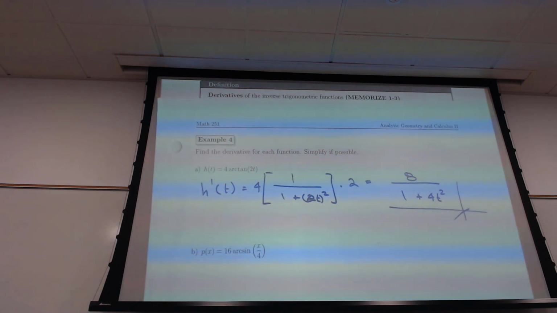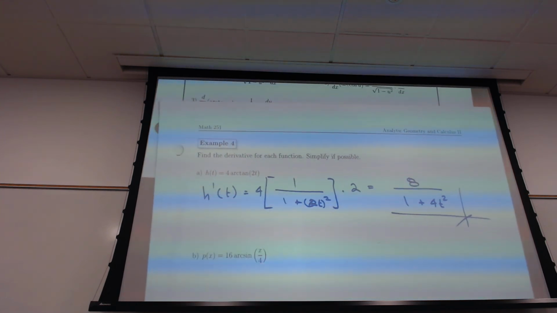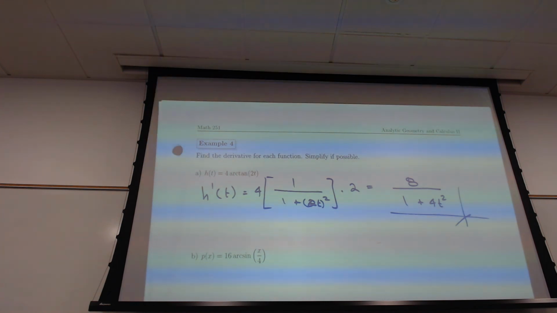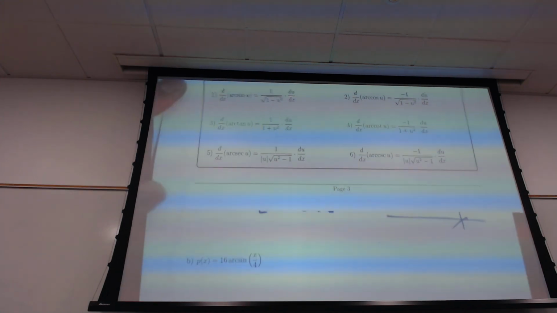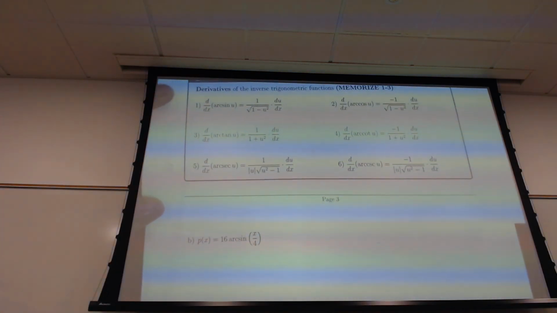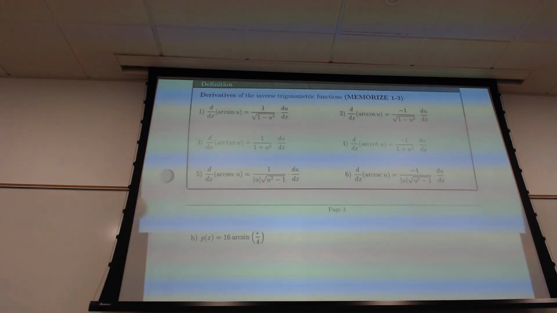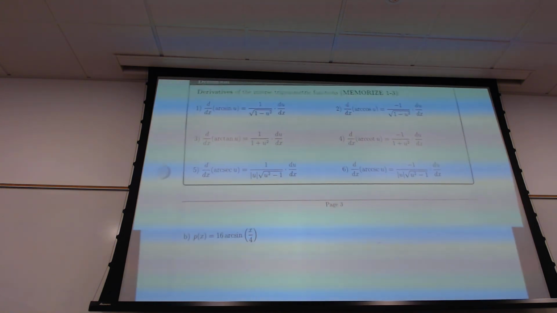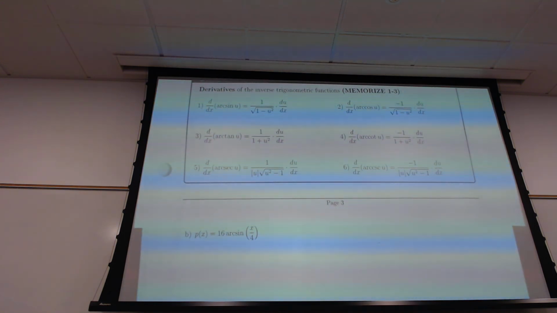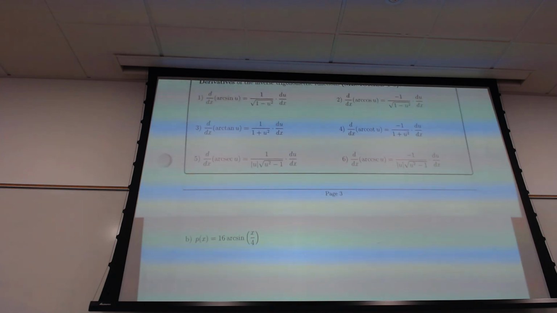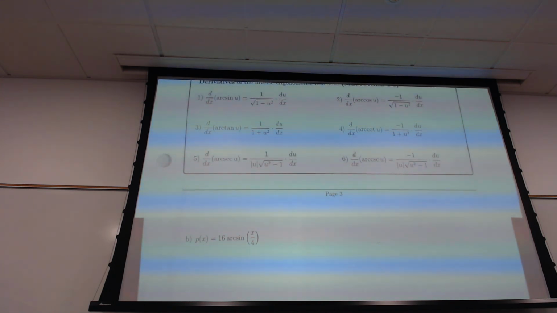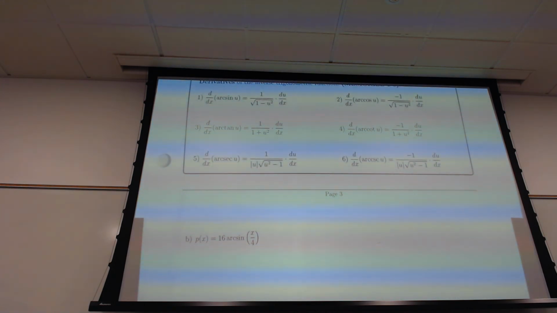Let's look at another example. Differentiate 16 arc sine of x over 4. We have the formulas right here. In this case, which formula are we going to use out of the 6 to differentiate this one? The first one, right?